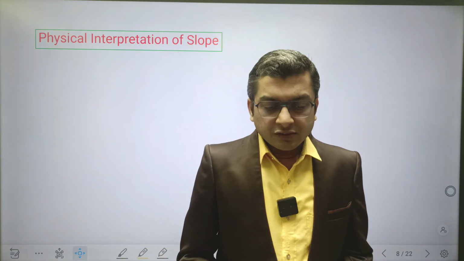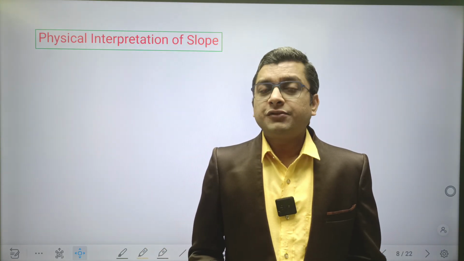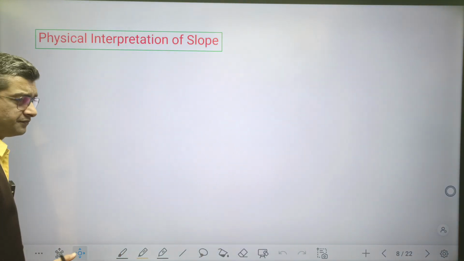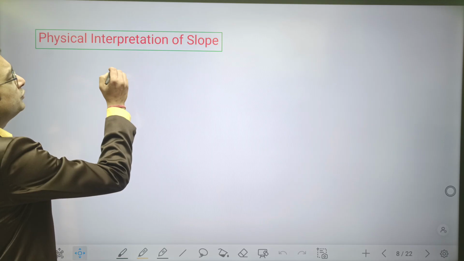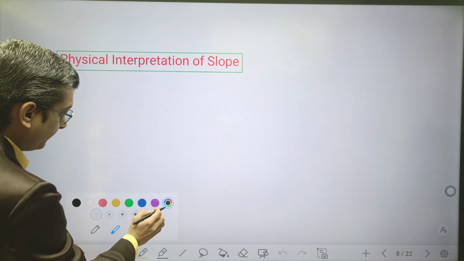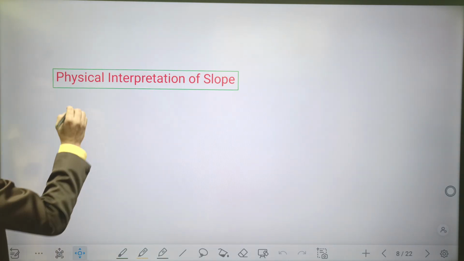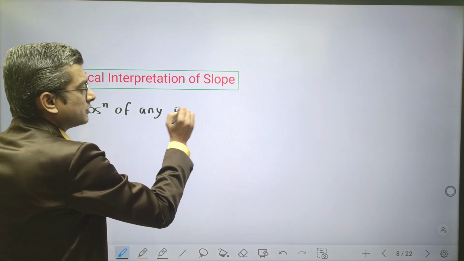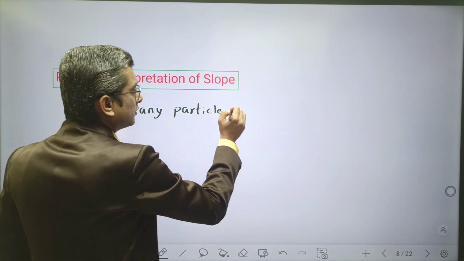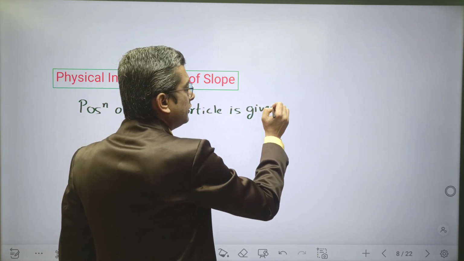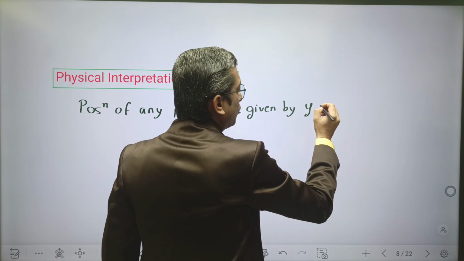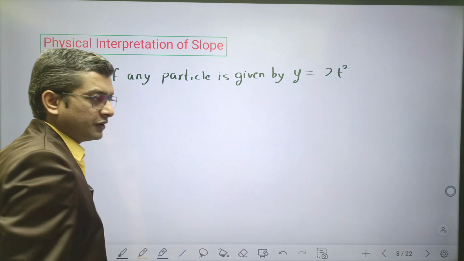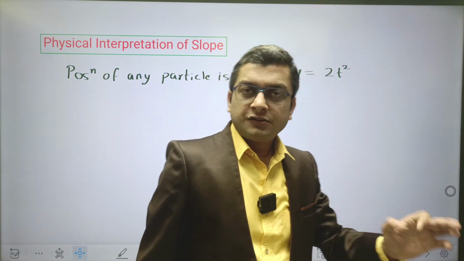So let us suppose we have some real life practical examples. For example, suppose the position of any particle is given by y is equal to 2t square, where y is position and t is time in seconds.